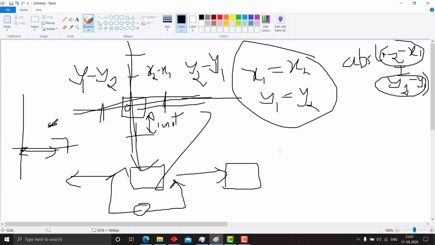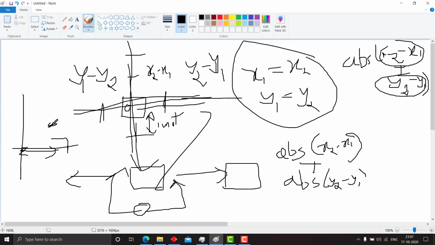So the final answer would be absolute of x2 minus x1 plus absolute of y2 minus y1 plus 2 seconds for the rabbit to move from this position to here or this position to here. I guess you got the point.